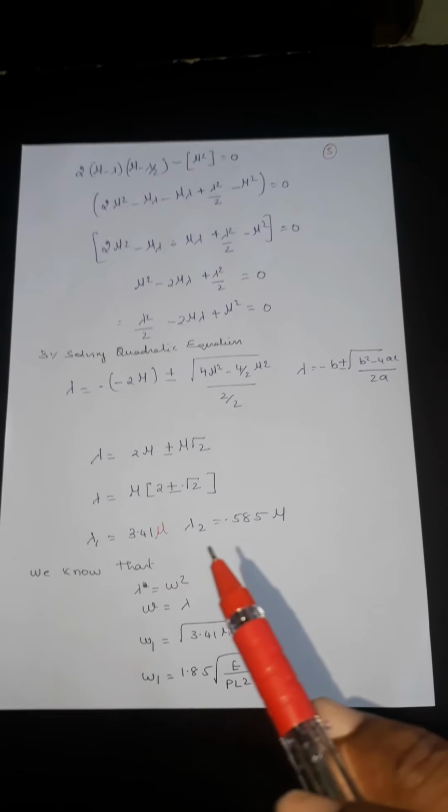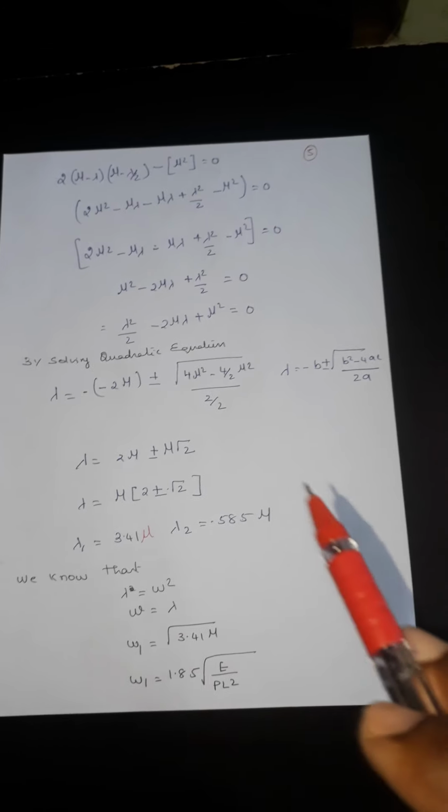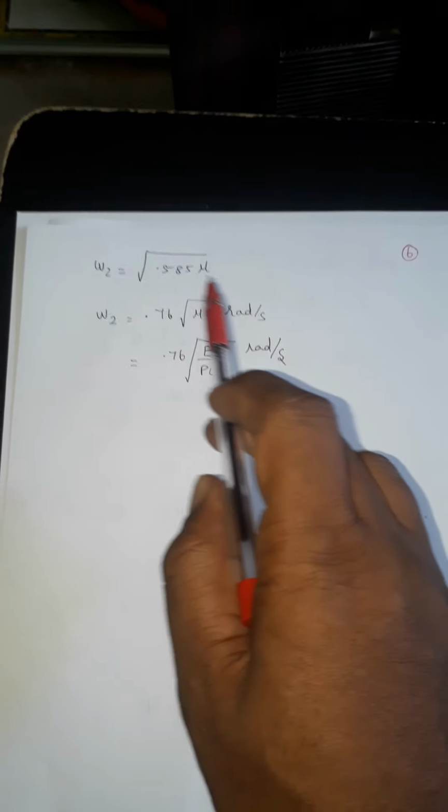Again for omega 2, the lambda value is 0.85, that you substitute. Omega 2 is equal to 0.585 root of mu. So this root gives 0.76 root of mu, in radian per second, that is root of 76 E by rho L square. So you get omega 2. This is the way to find out the natural frequencies when the bar is constrained, with the lambda matrix.